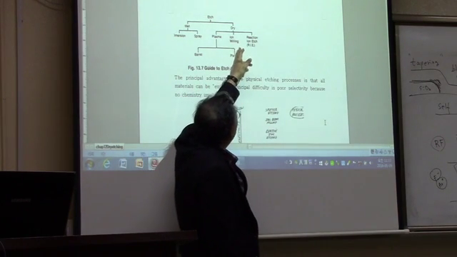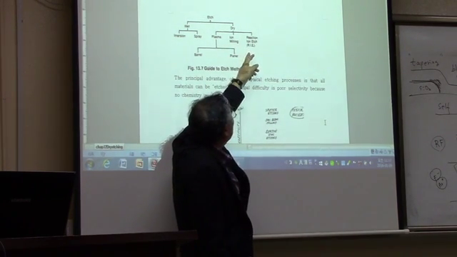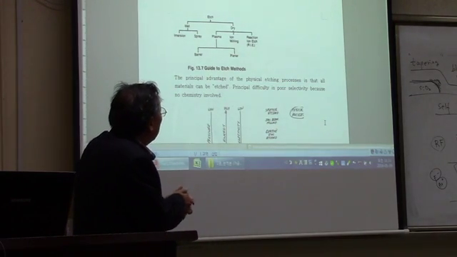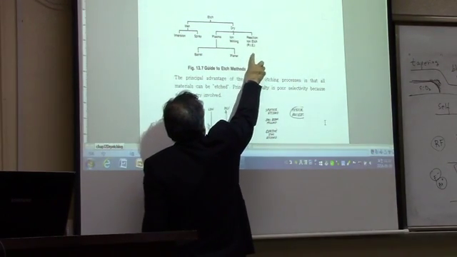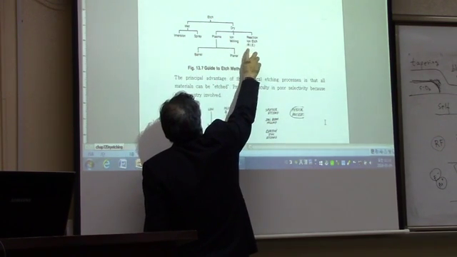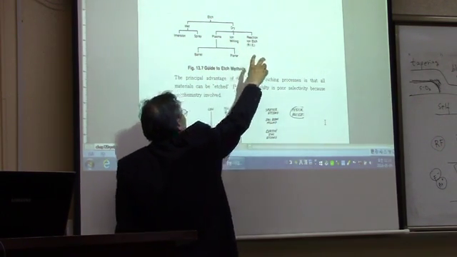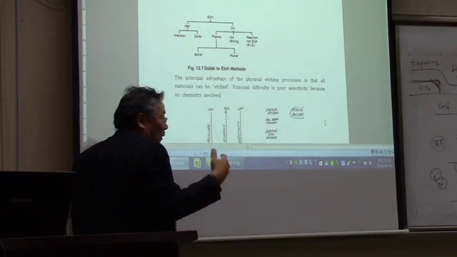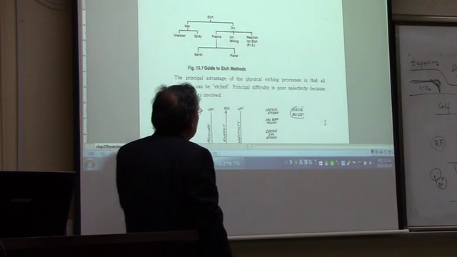And in dry etching, we are going to create some physical collisions, and that's RIE and ion milling. Those two are typical examples involving physical etching.